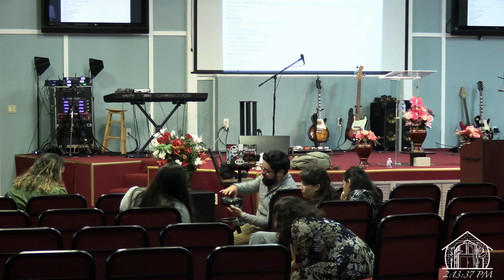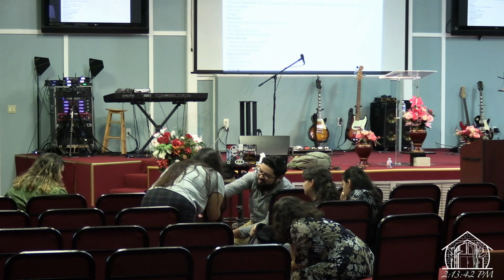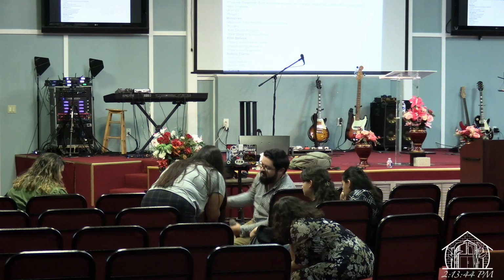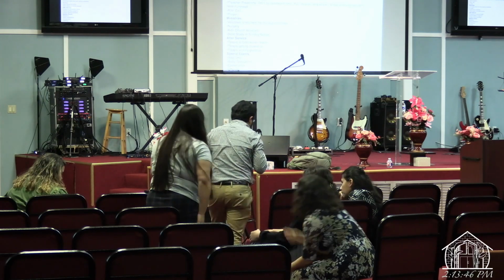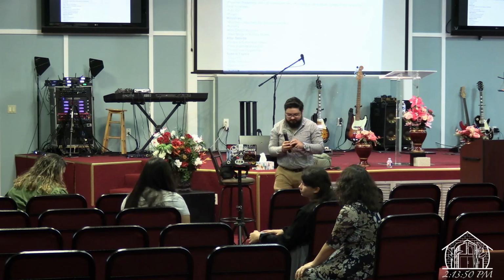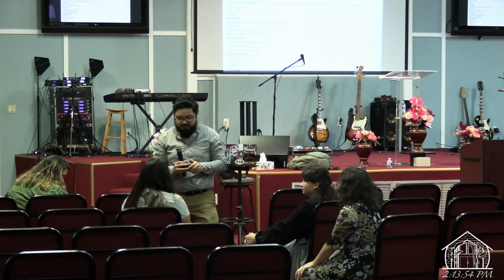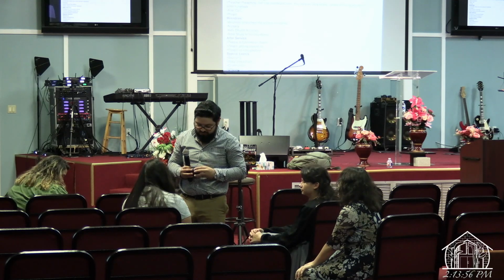So go ahead and turn it off. Hold the camera. Turn it off. Okay. Now we're gonna go ahead and change the lens. Okay, so go ahead and change the lens. Remove the lens.